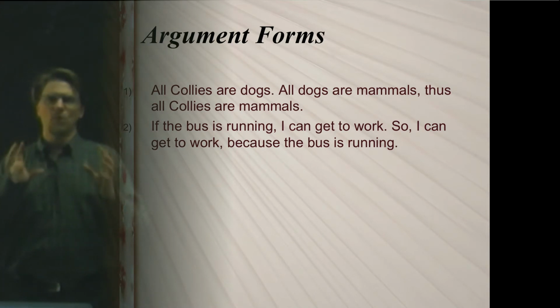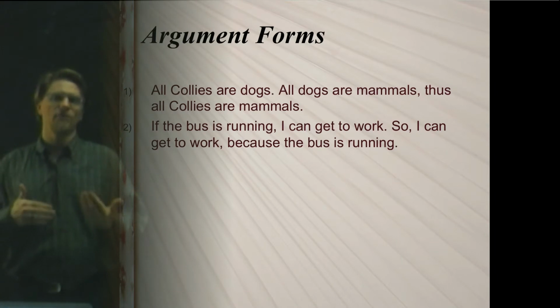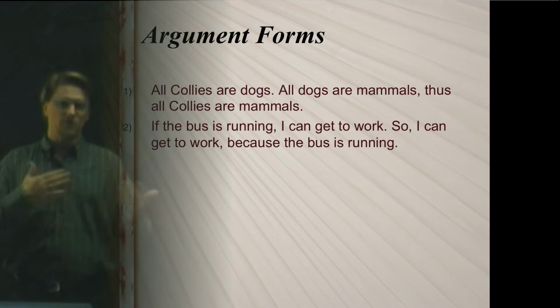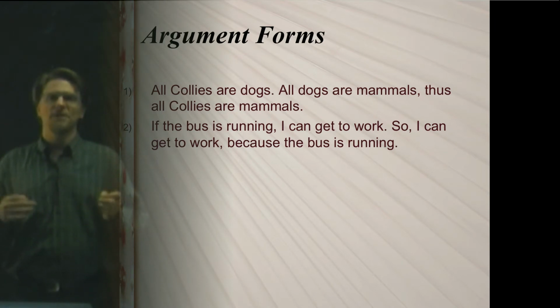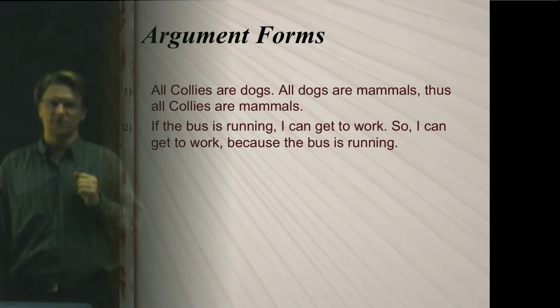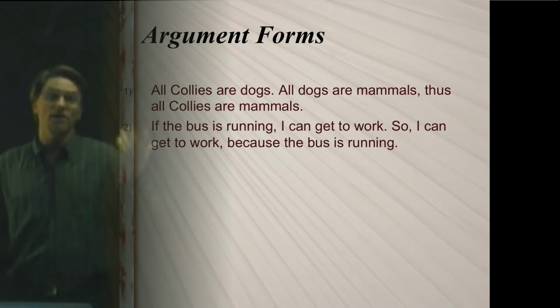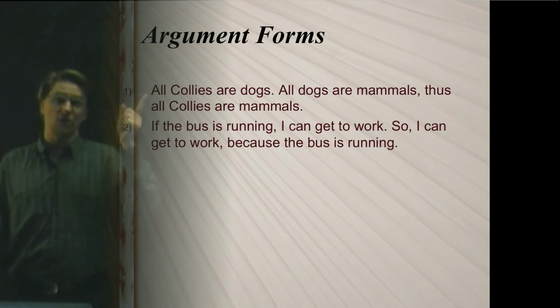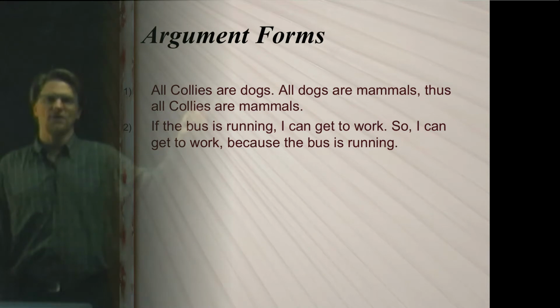So why I actually wanted to have you look at sections 3.1 and 3.2 before you look at 1.5 is because they are especially going to help us with these kinds of categorical syllogisms. So I'm hoping now you can recognize that among these three individual statements within the categorical syllogism, you can find the quantifier, for example. In the first one, it's all. The subject term is collies. The copula is are.